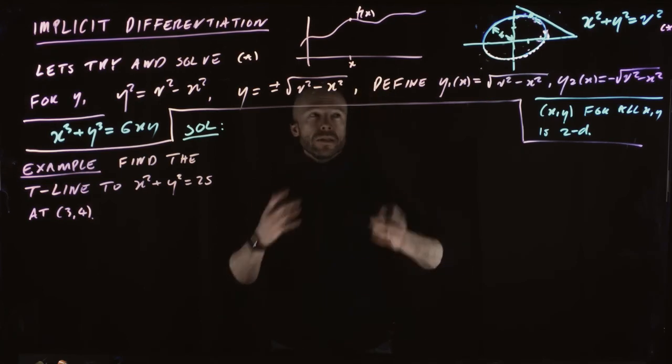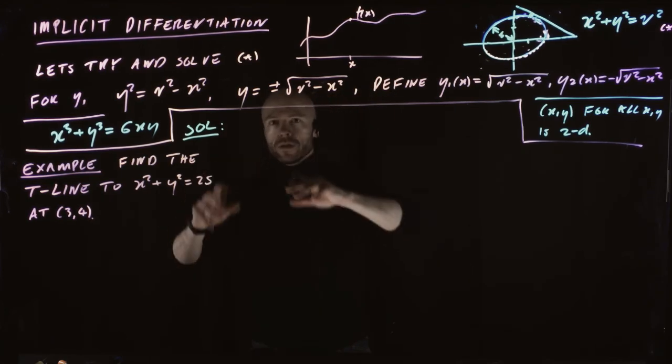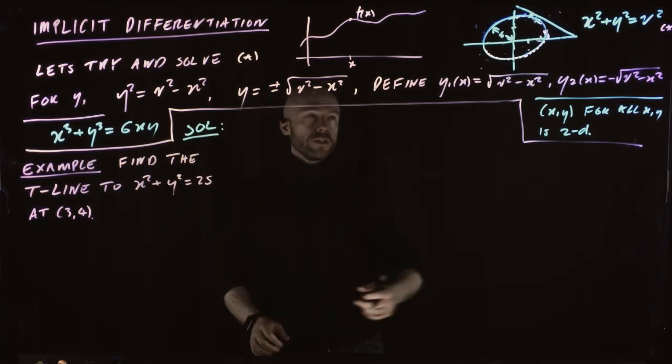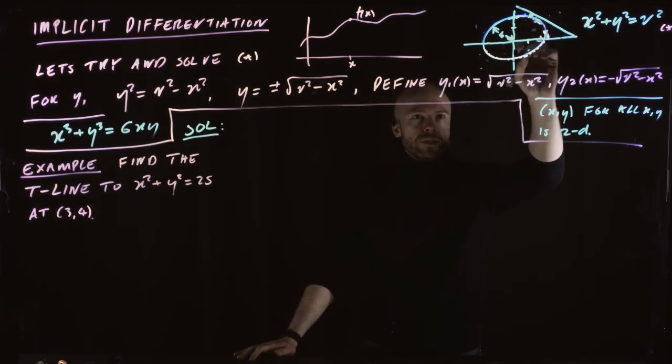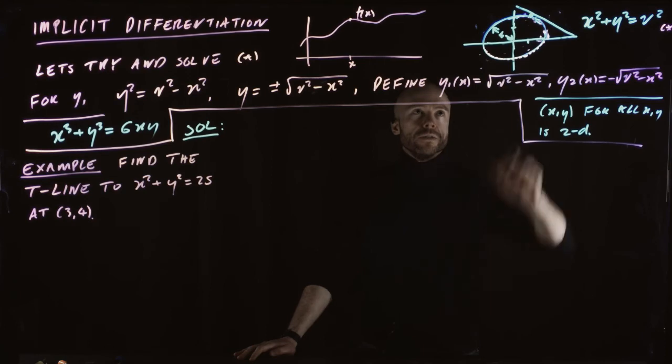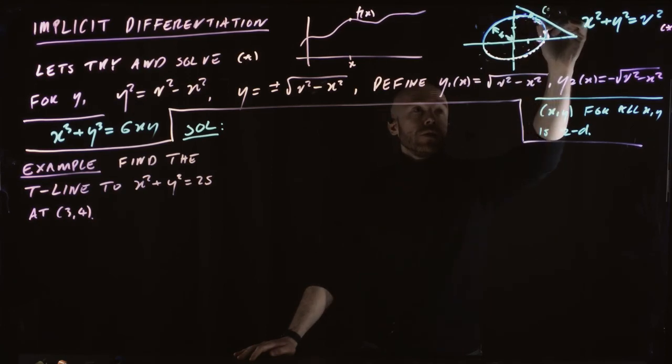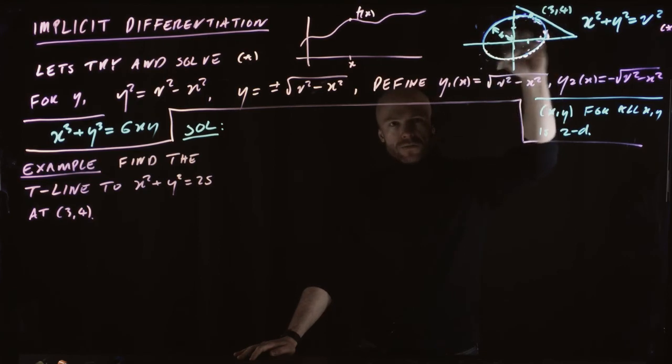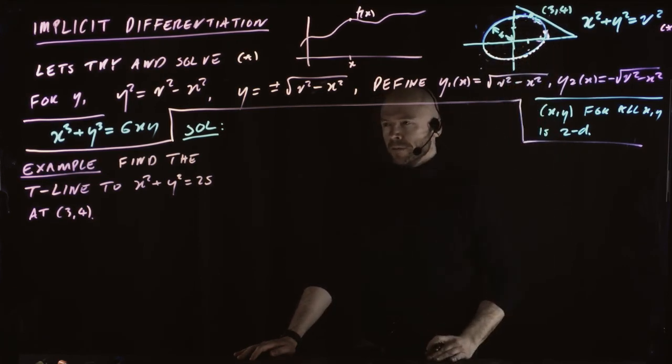And the reason is because locally, these curves actually are the graphs of functions. So locally, around some particular point of your choice on the circle, it is indeed the graph of a function. So this point we're interested in, which is (3, 4), it is indeed the graph of a function. It is the graph of y1, right?